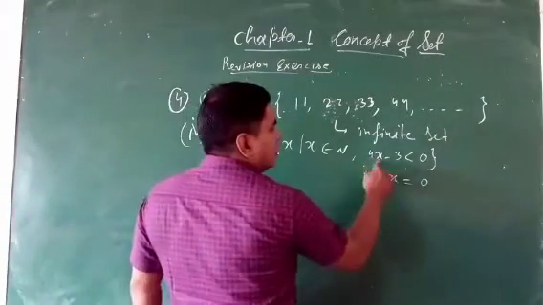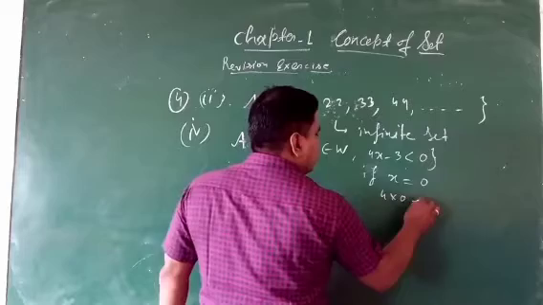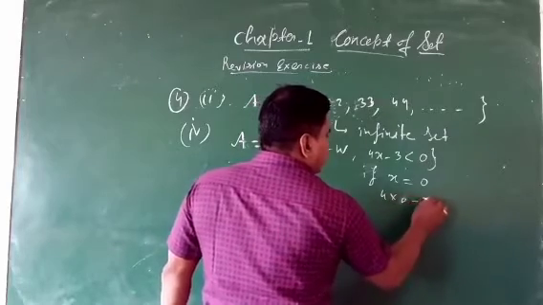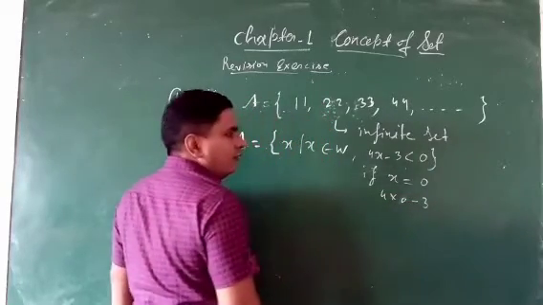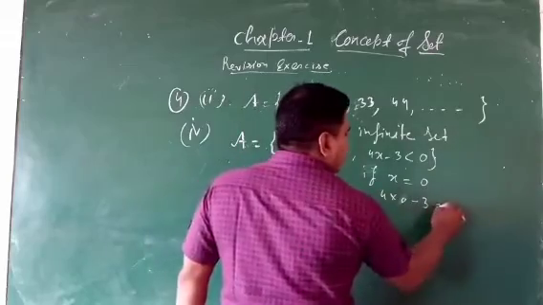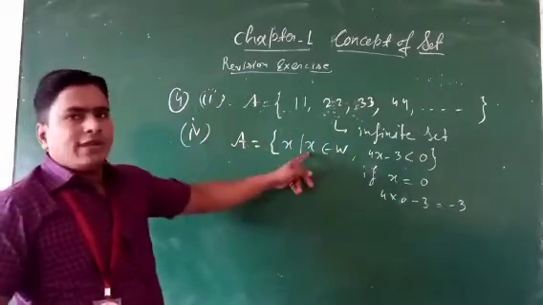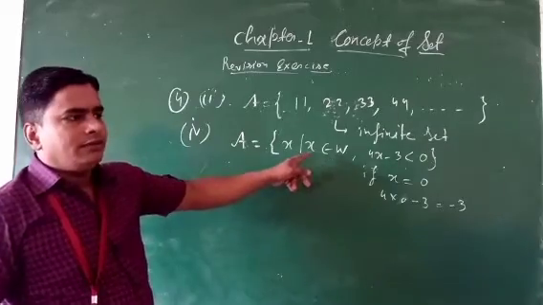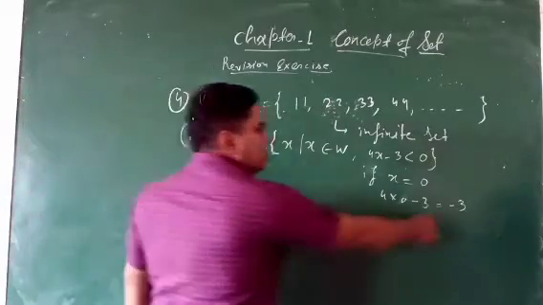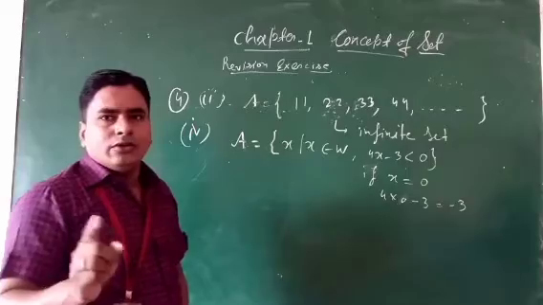So what is the value of this expression? 4 into 0 minus 3, it means minus 3. Clear? So minus 3 is less than 0, and x is a whole number.